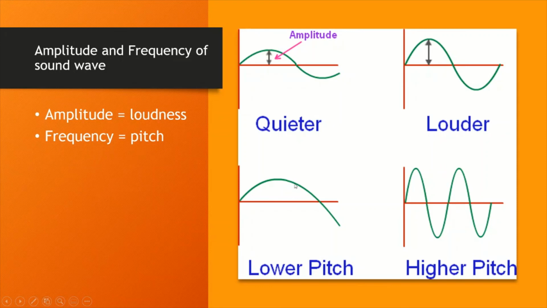A sound that has high frequency will be of high pitch, like a soprano singer. A sound wave that is of low frequency will be of low pitch, for example a bass singer. So I repeat, the amplitude of a sound wave is related to loudness, whereas the frequency of a sound wave is related to the pitch of the sound.